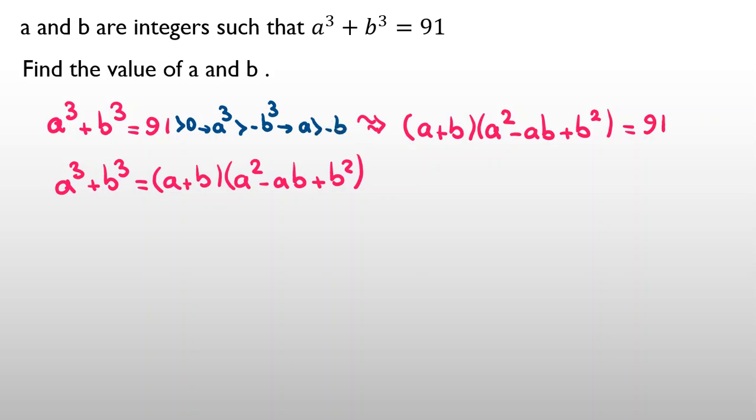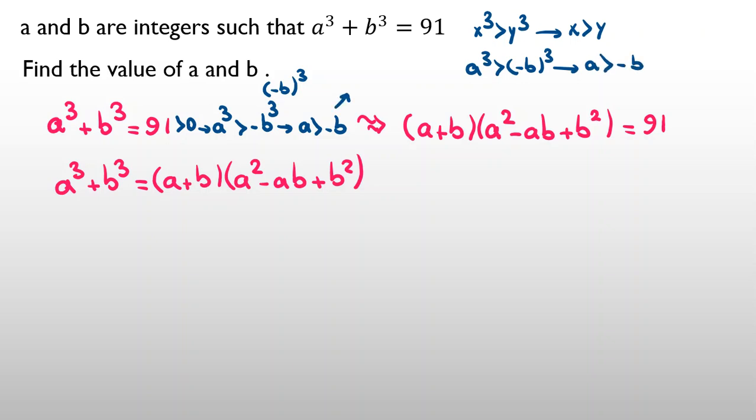It's important that if x cubed is greater than y cubed, you can conclude x is greater than y. So when a cubed is greater than negative b cubed, a is greater than negative b.